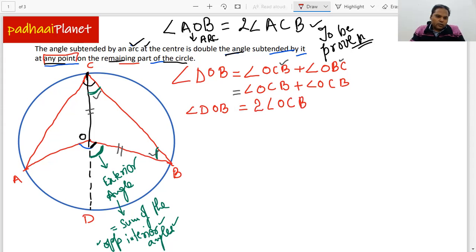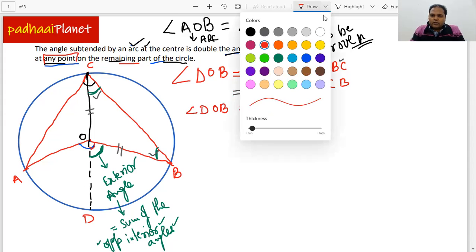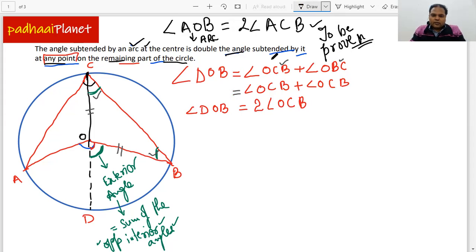So this is our DOB, and this is equal to twice of angle OCB. Now let's just mark it as equation number 1 here, right?